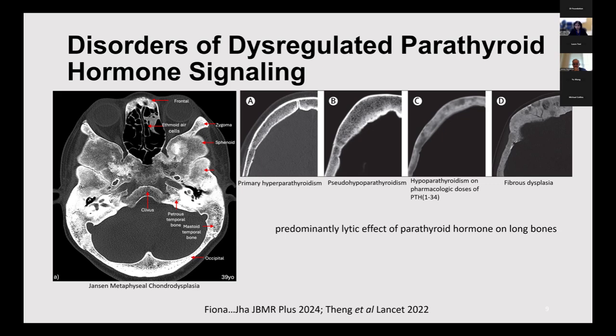We should also remind ourselves that the craniofacial skeleton embryologically originates from the ectoderm, in contrast to the bones of the axial and appendicular skeleton, which originate from the mesoderm.